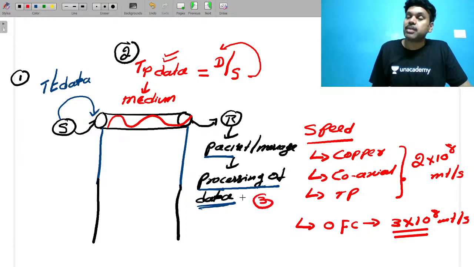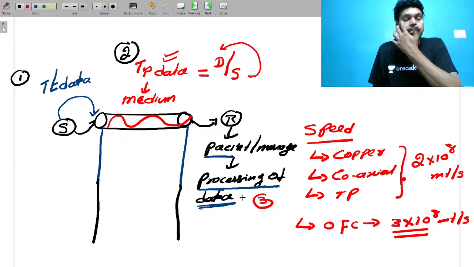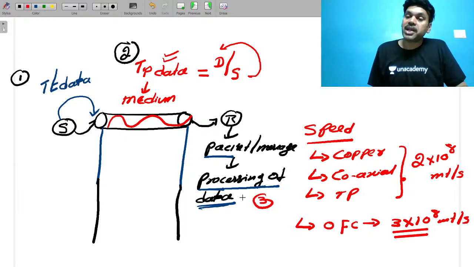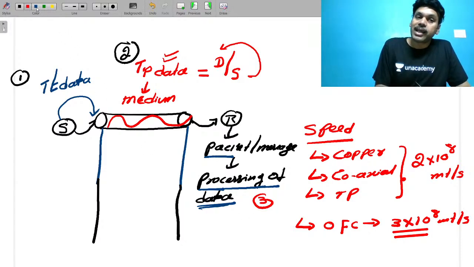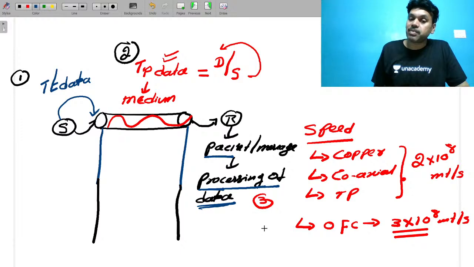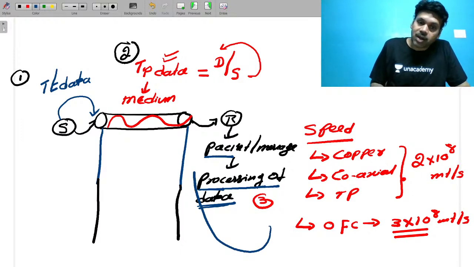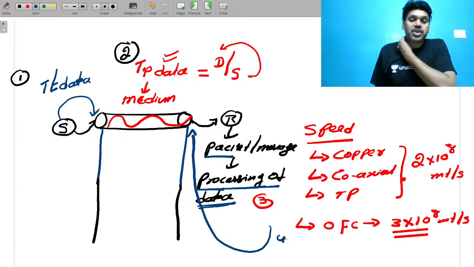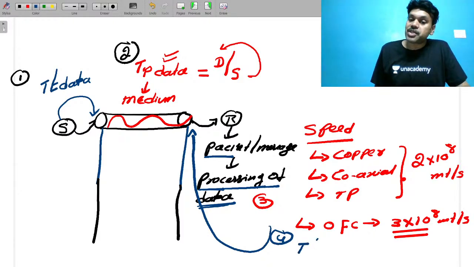And the fourth parameter: you assume that all bits are correct and the entire message has arrived correctly. Then the receiver will give you an acknowledgement. That means he pushes the acknowledgement to the other end of the medium. What is the fourth one? Transmission time for acknowledgement.